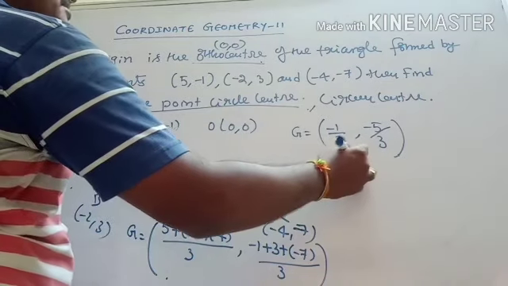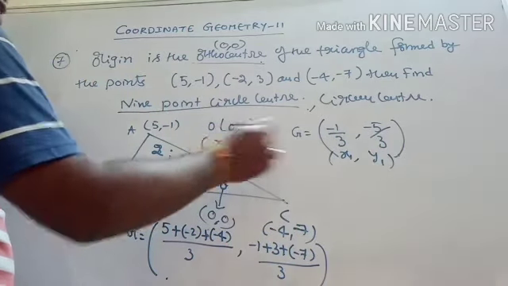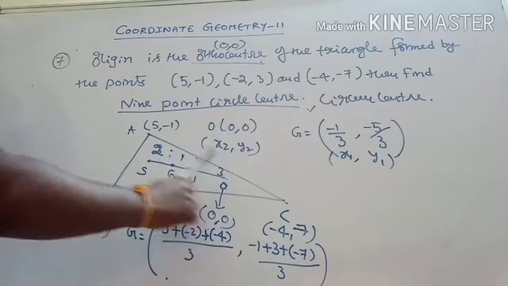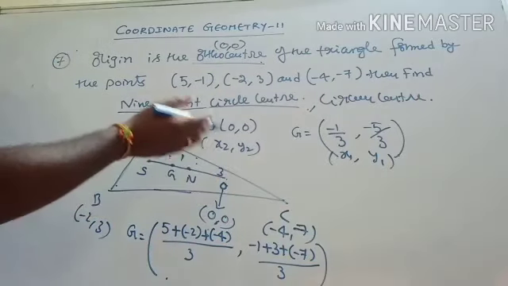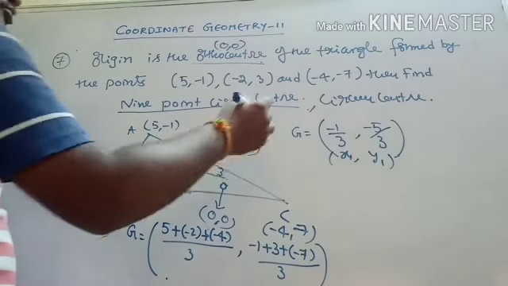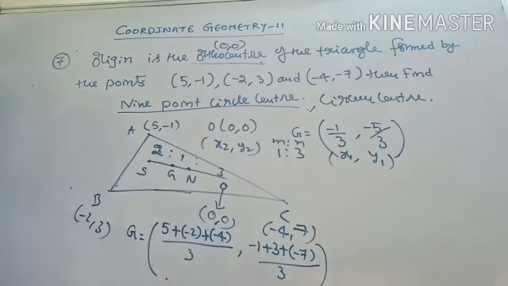Let us take this as x1, y1 and this as x2, y2, because Gn is to No is 1:3. That's why I took first Z as x1, y1 and next O, and you know that the ratio m is to n is 1:3, right?